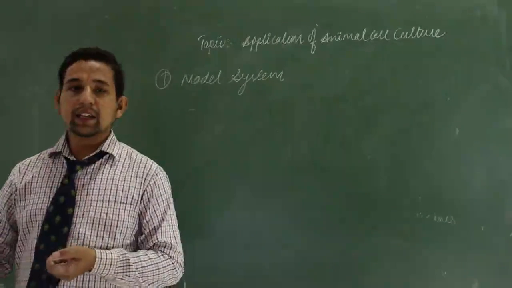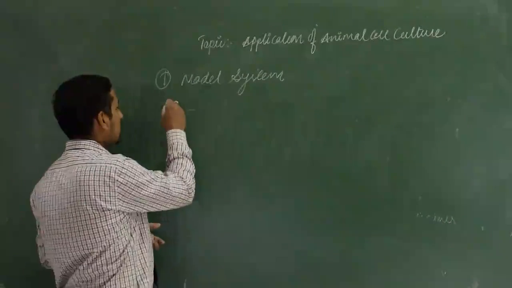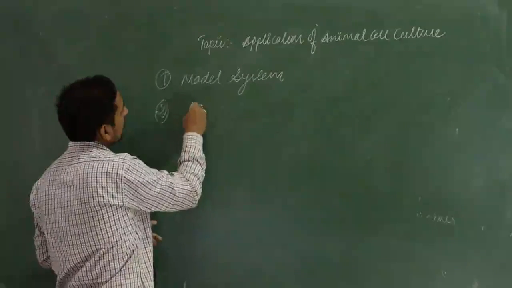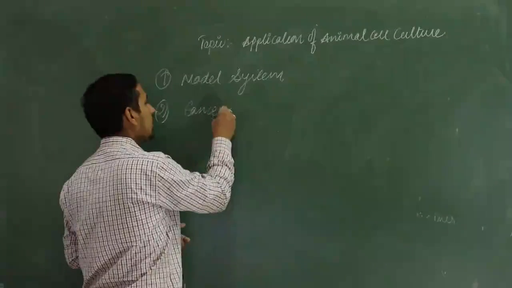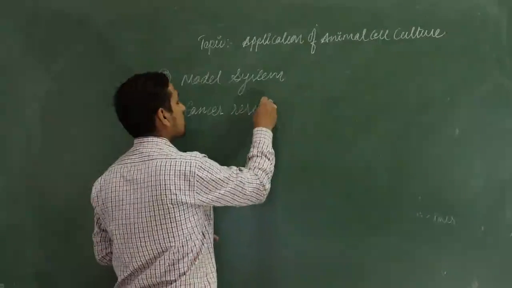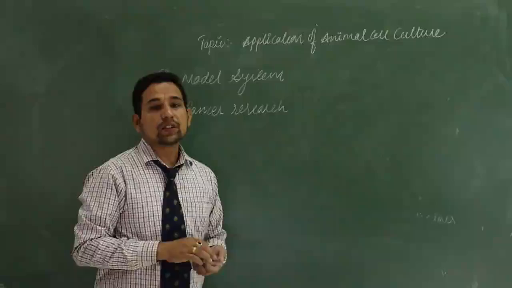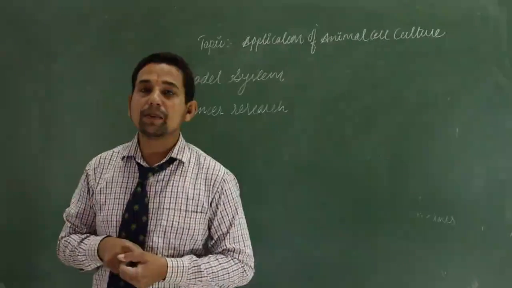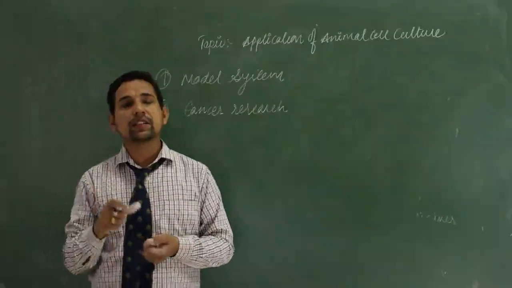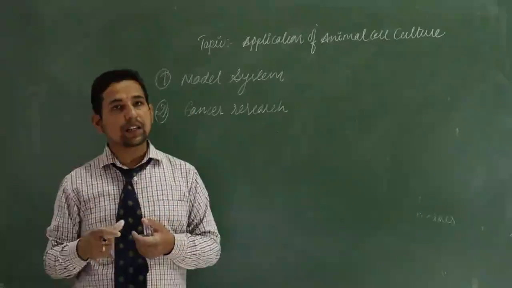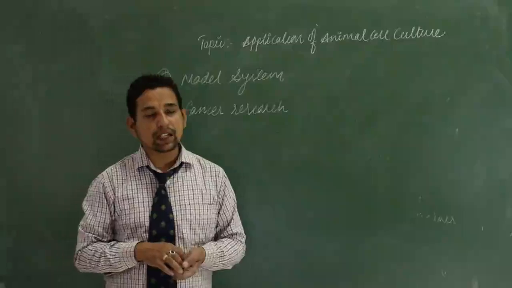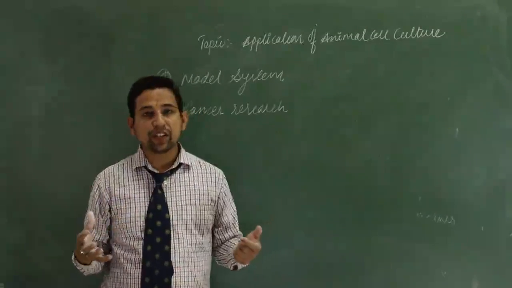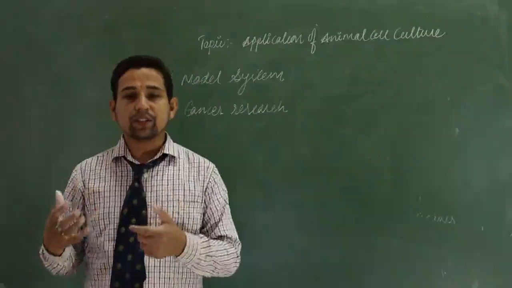The next area is cancer research. The basic difference between normal cells and cancer cells can be studied using animal cell culture techniques, so we can differentiate normal cells and cancerous cells.